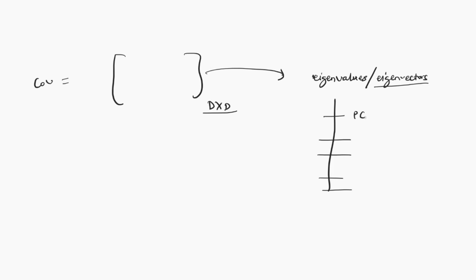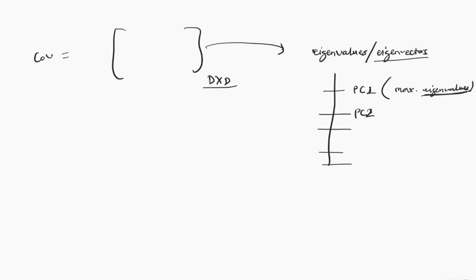Like PC1 will be the eigenvector with the maximum eigenvalue, and I call it maximum in terms of magnitude. Then you will arrange PC2, and similarly it goes like that.